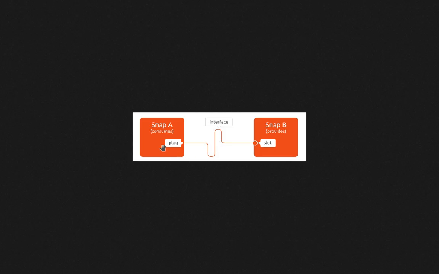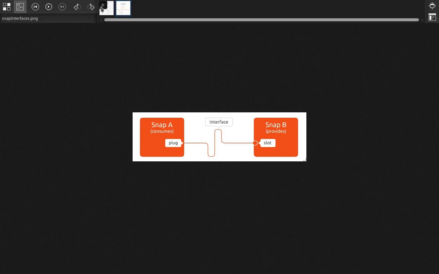What happens there is there's a plug in snap A that goes into the interface and then connects to a slot in snap B through this interface here. All right, so that's how snap A talks to snap B through this interface, through the plug and slot. That's automatically done for you. You don't have to worry yourself about that. You just have to know that that's how they interact.